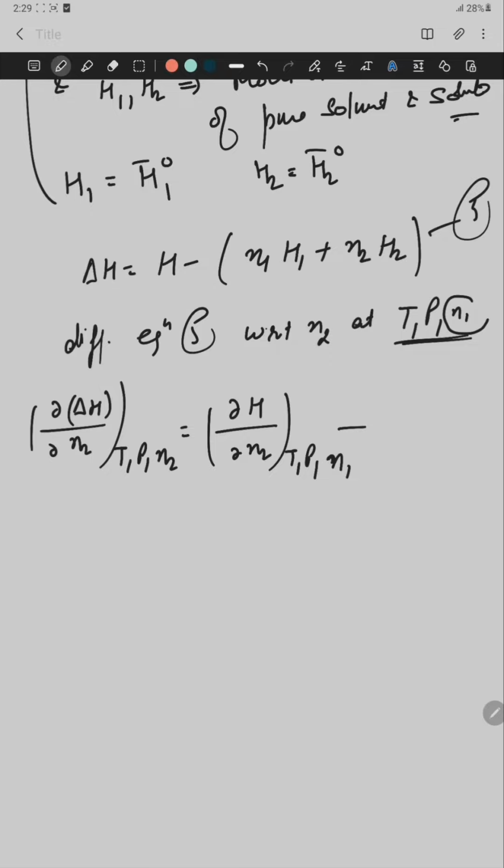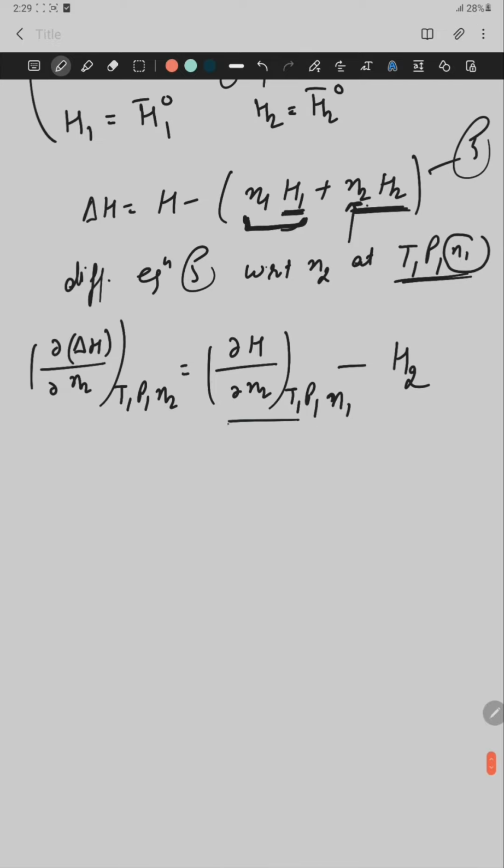Since N1 is taken as constant, we can also assume H1 to be constant. So the first term is constant and its differentiation is 0, and we are left only with the second term. In the second term, the differentiation of N2 is 1 and we only get H2 here. And this is the partial molar enthalpy of the second component minus H2.